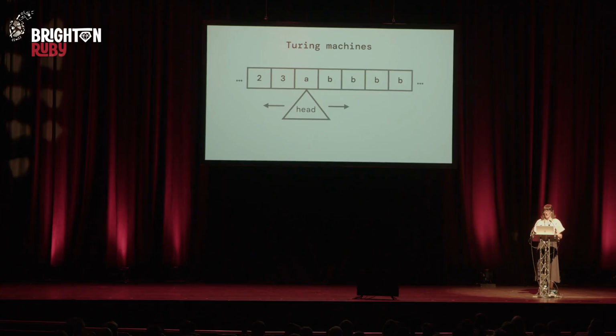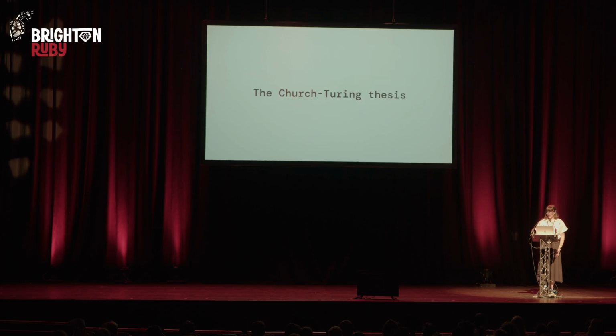So it beautifully captures the intuitive notion of what a mechanical procedure or algorithm is. Turing showed in that paper that any problem solvable by a step-by-step mechanical process, an algorithm, can be solved by a Turing machine, and vice versa.